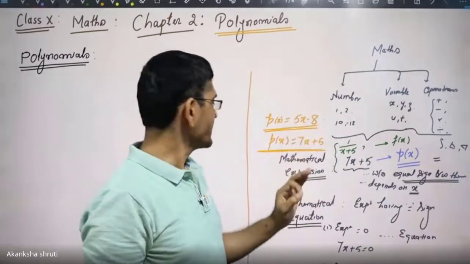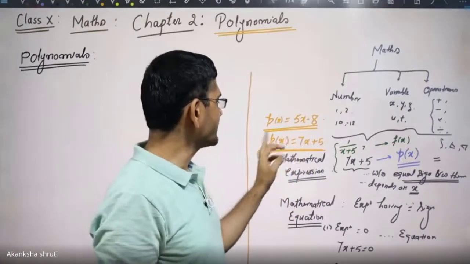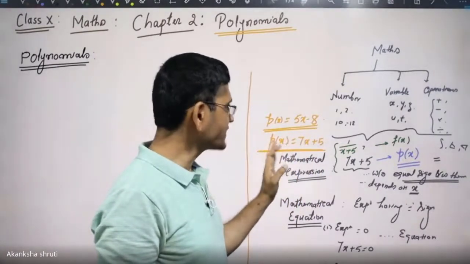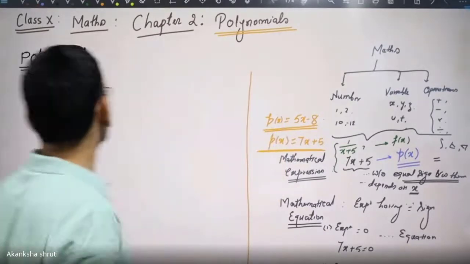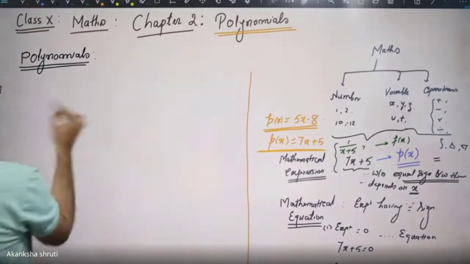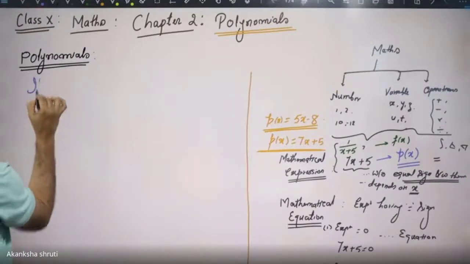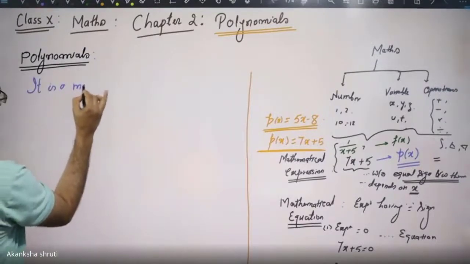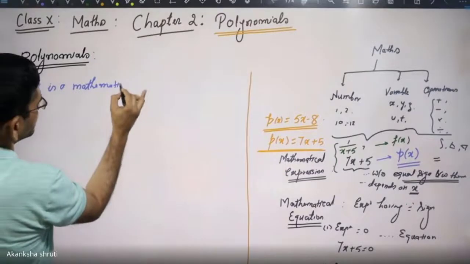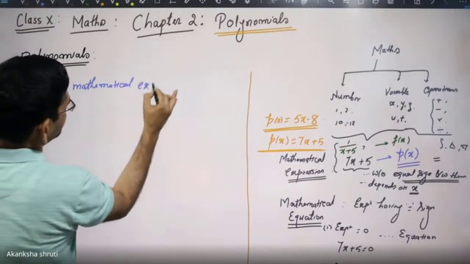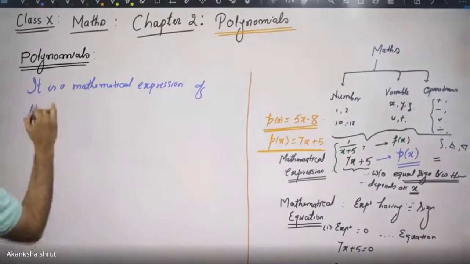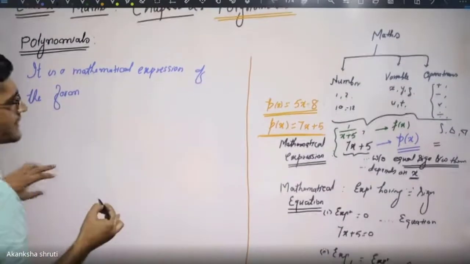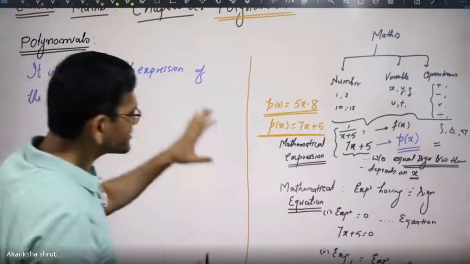When we say a mathematical expression, it can be denoted by p(x) or f(x) in any form. So a polynomial is a mathematical expression of the form, meaning this mathematical expression must be of this form.